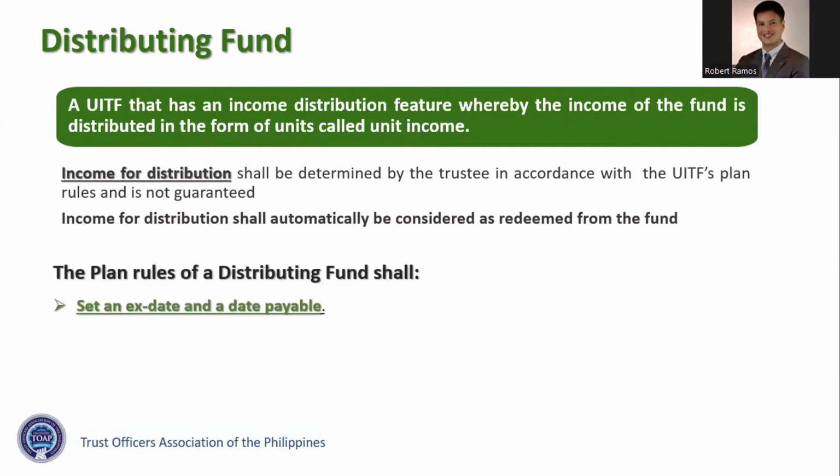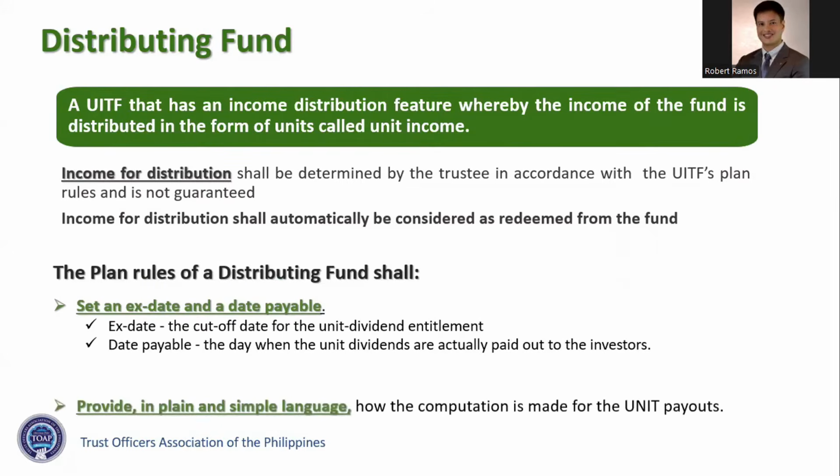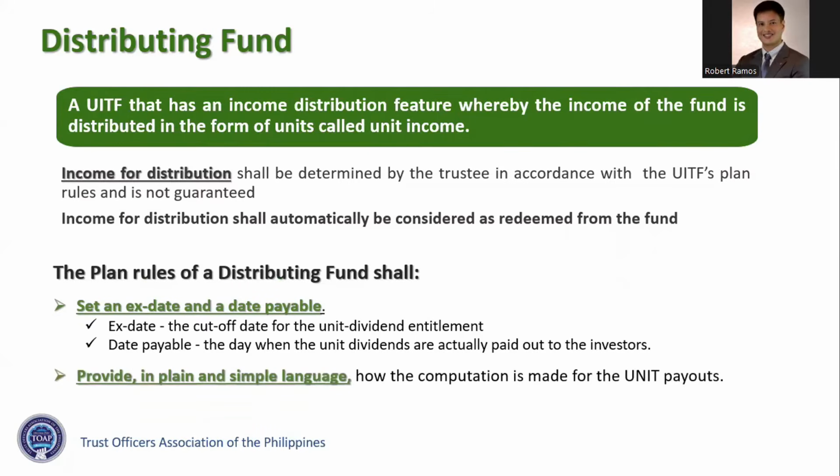The plan rules of a distributing fund shall set an ex-date and a date payable. The ex-date is the cutoff date for the unit dividend entitlement, and the date payable is the day when the unit dividends are actually paid out to the investors. The plan rules should very clearly state in plain language how the computation is made for the unit payouts.